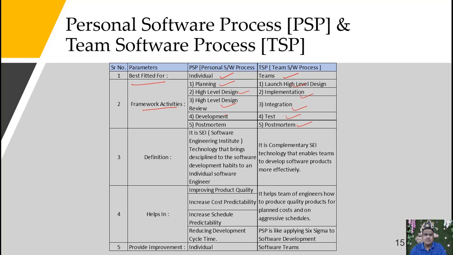Then the definition: PSP is an SEI, Software Engineering Institute, technology that brings discipline to the software development habits of an individual software engineer, and TSP is a complementary SEI technology that enables teams to develop software products more efficiently.